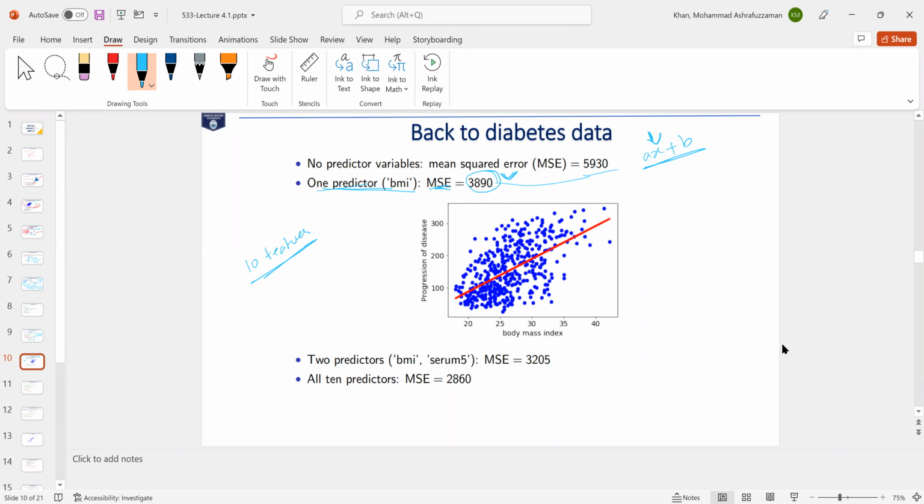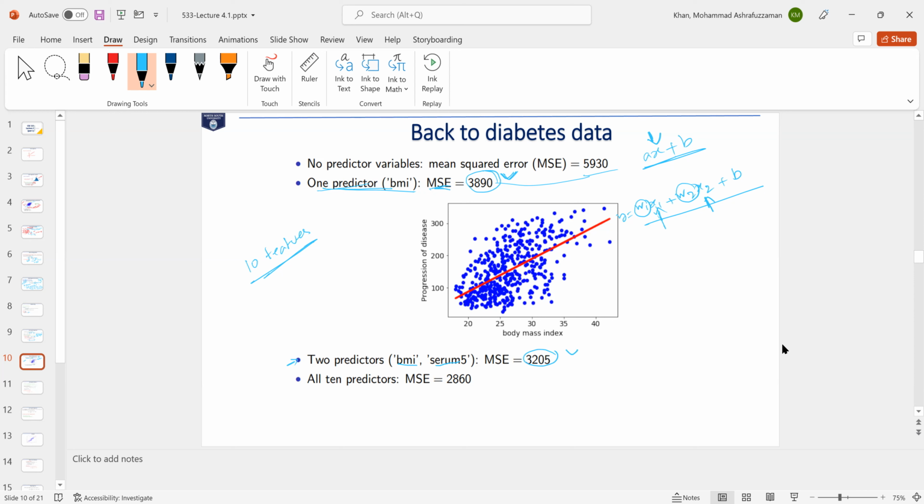For example, if we use two predictors, that means we use only two features, then we'll have a model like W1x1 plus W2x2 plus b. So we are using two different features, and for them we'll have two different weight values or coefficients, and then the mean squared error becomes something like this number.